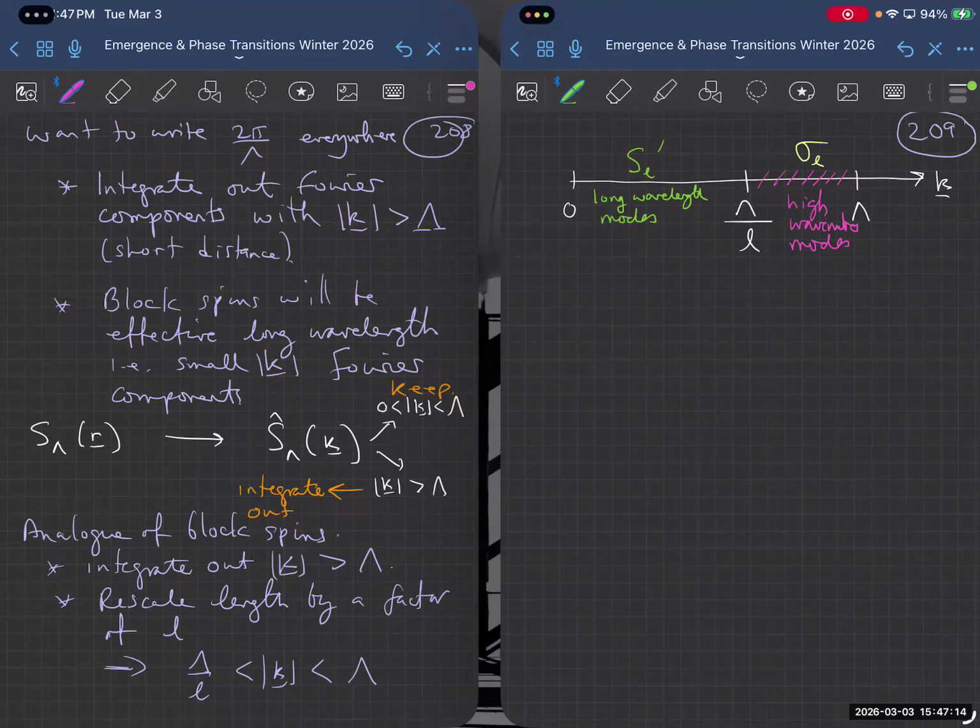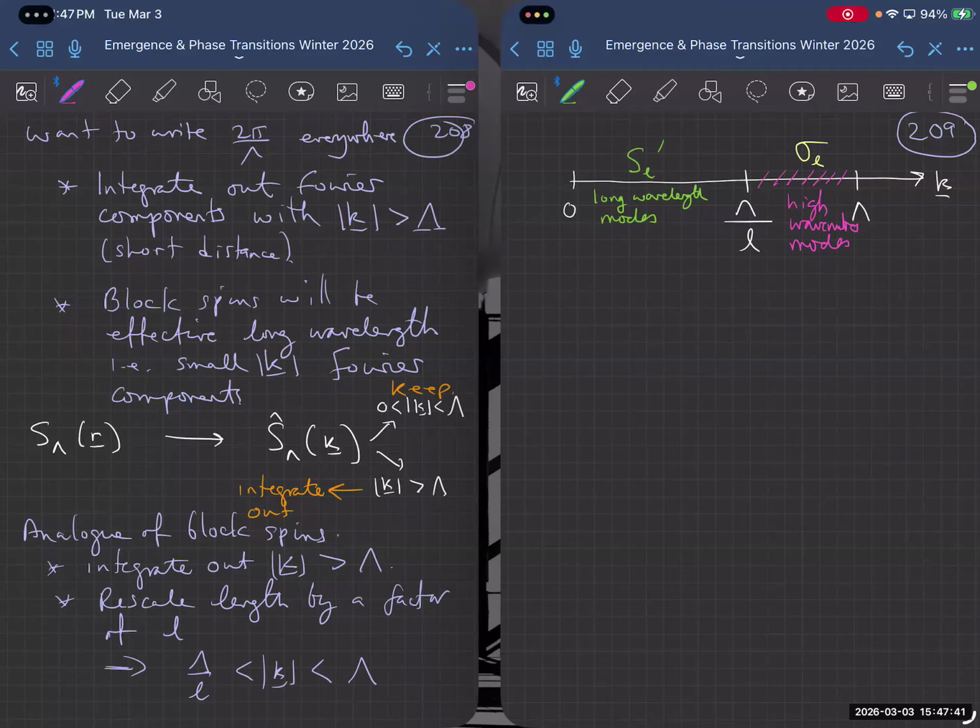So the way of breaking the degrees of freedom up into long and short wavelength modes that we did in real space, we can do in momentum space as well. And so that is how the process is formally done. Now, next time I'm going to come back to a little bit more about how we do that.